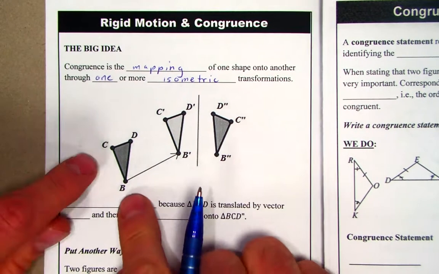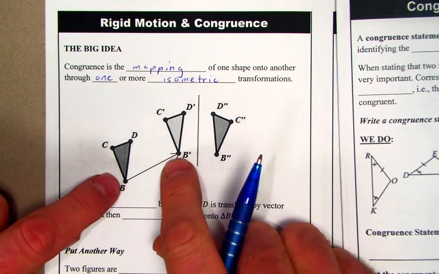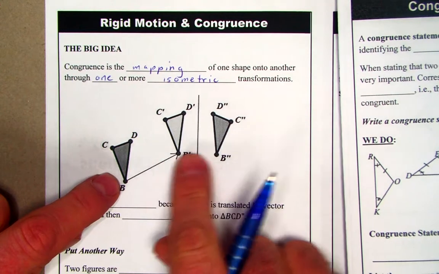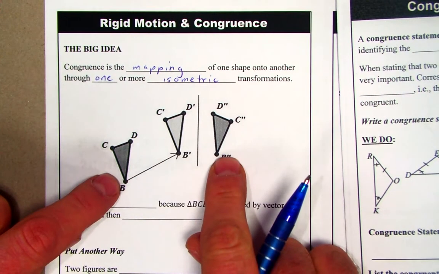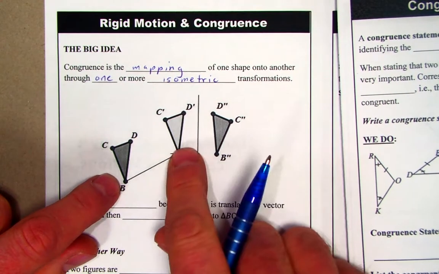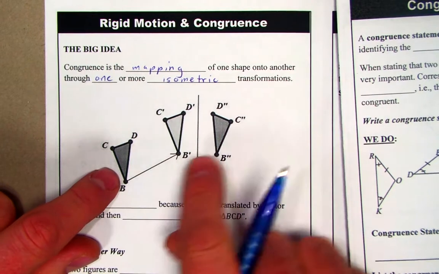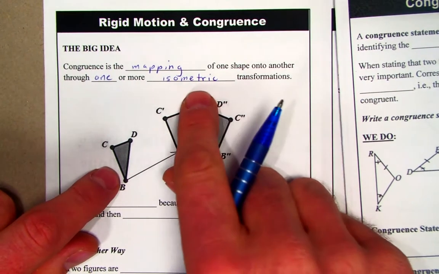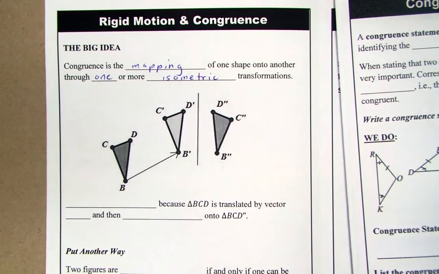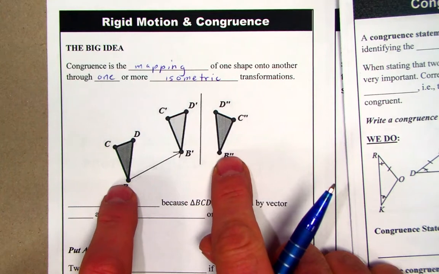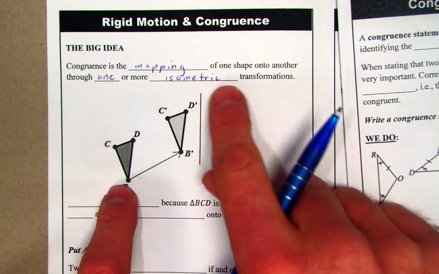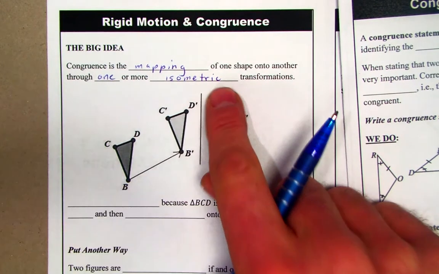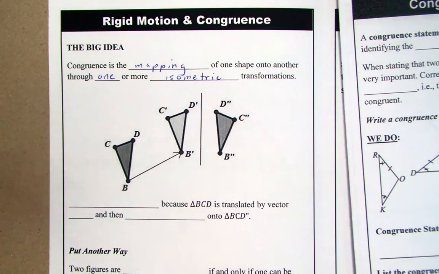And so you can see that this triangle has been translated along this vector and then reflected over that line. And so what we have is a sequence of transformations that maps one triangle onto another through isometric transformations. Therefore, those two shapes have to be congruent because isometric transformations preserve distances and angles.